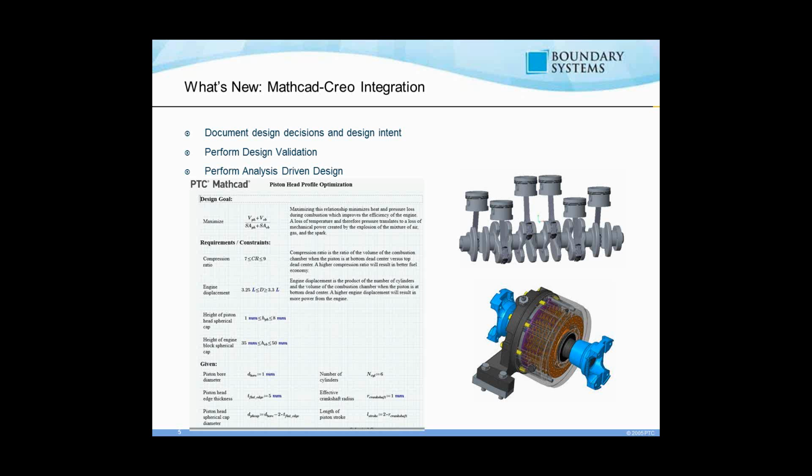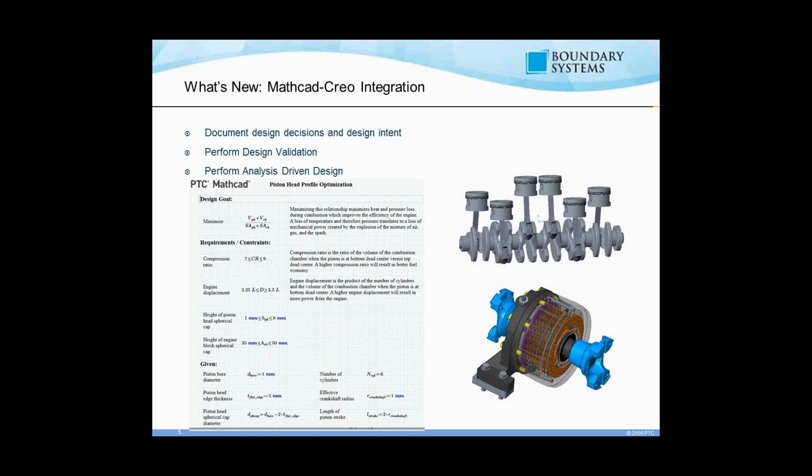Right on your ribbon inside of Creo, you have a command that will immediately open Mathcad Prime, and you can either create a new Mathcad worksheet, or embed an existing Mathcad worksheet into your Creo model and use it that way as well. This allows you all of the word processing capability of Mathcad Prime, and also the calculation engine of Mathcad Prime as well.